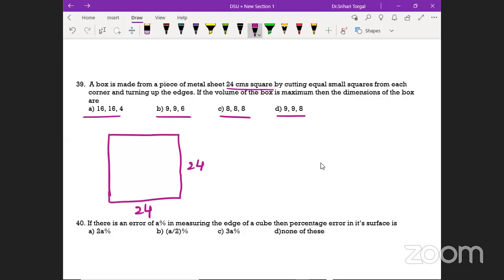Now we have to cut at the edge. Here we have to remove the small piece from each corner, right? Turning up the edges. After removing this piece, this will look like this.